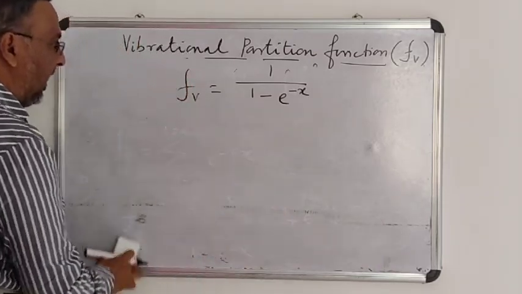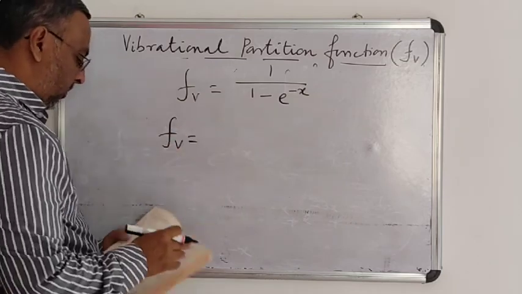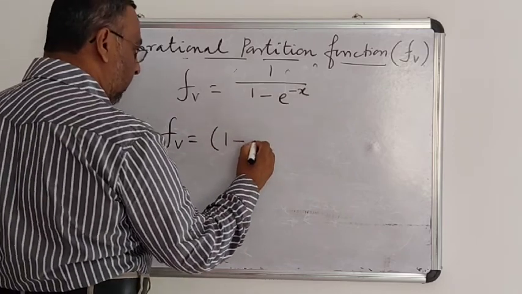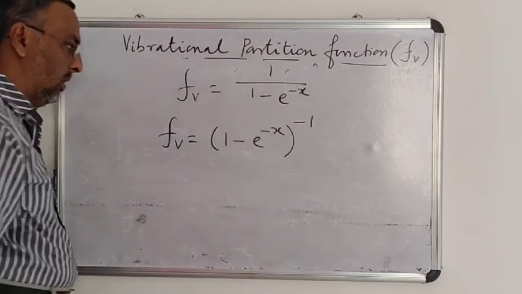Or this can be written as: the vibrational partition function will be equal to 1 by e power minus x, inverse.